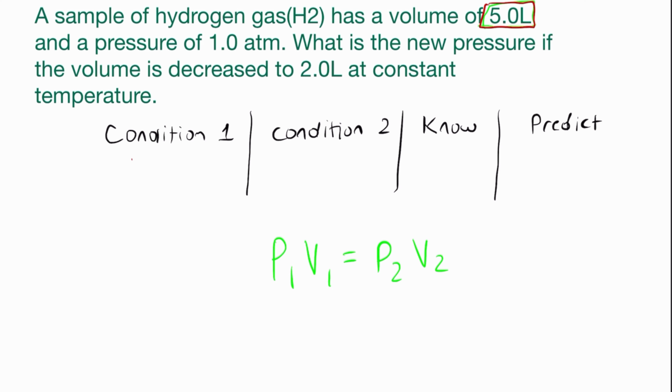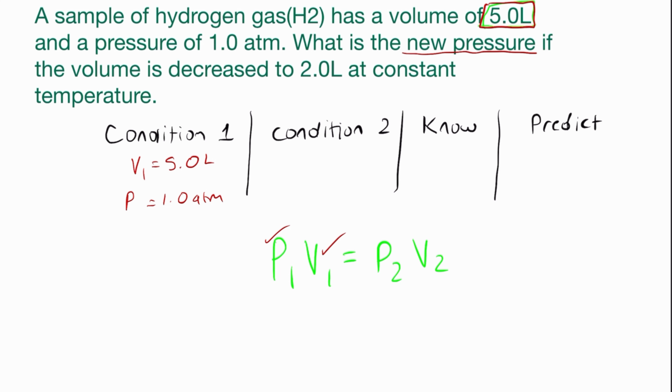So we know that V1 equals 5.0 liters and a pressure of 1.0 atmosphere. Oh, would you look at that? So they gave us the initial volume and they gave us the initial pressure. So P1 equals 1.0 atm. What is the new pressure? The new pressure if the volume is decreased to 2 liters.